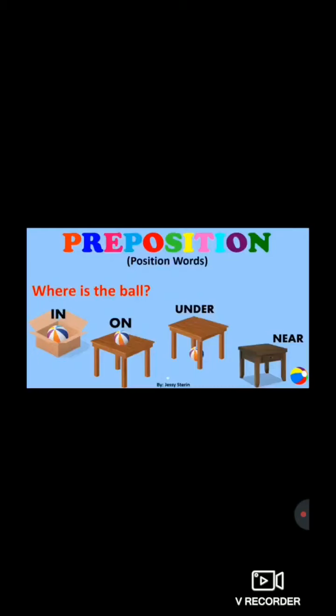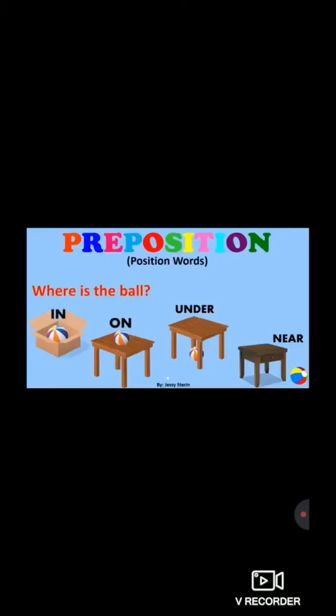The ball is in the box. So here in. In the second one, the ball is on the table. So on. And in the third pic, the ball is under the table. So under. Right? And in the last pic, the ball is near the table. So word near. So this is all the position of the words where actually the ball is.